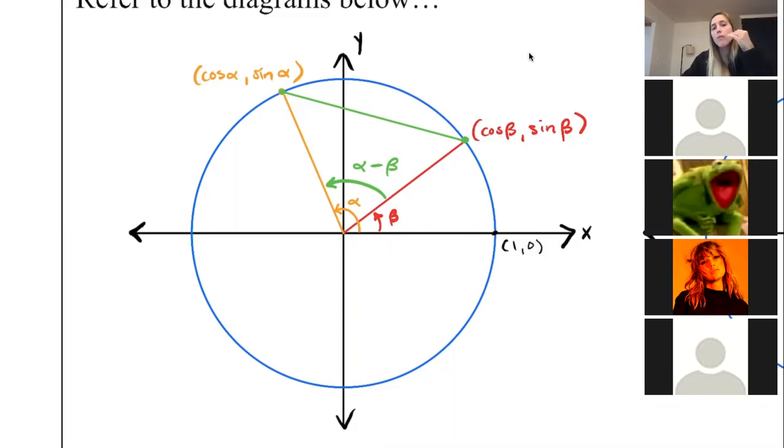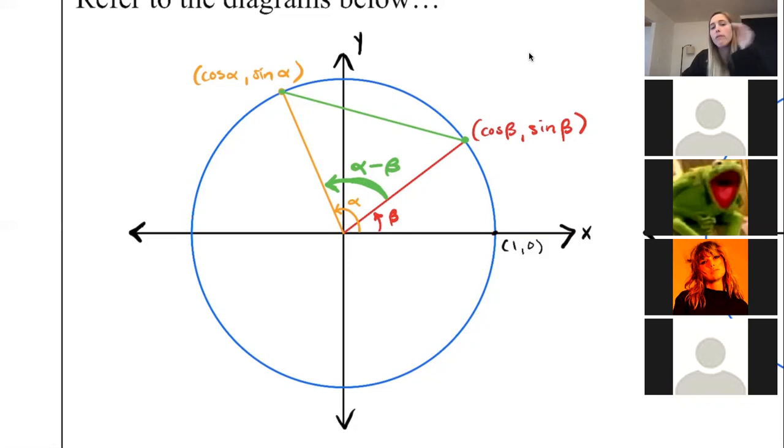And if we were to subtract the angle beta from the angle alpha, that would give us this angle here that I have in green, which we can call the angle alpha minus beta.